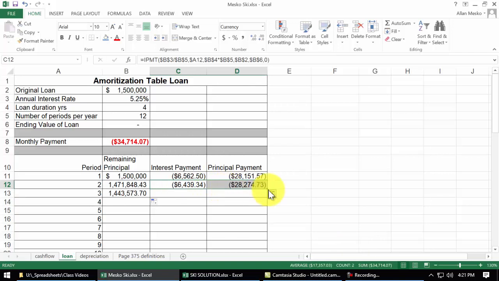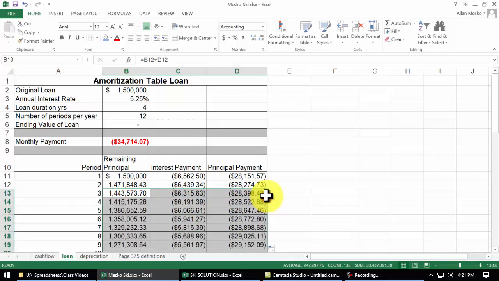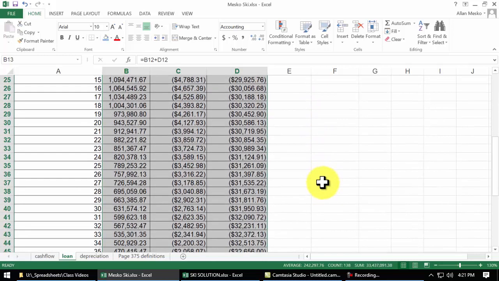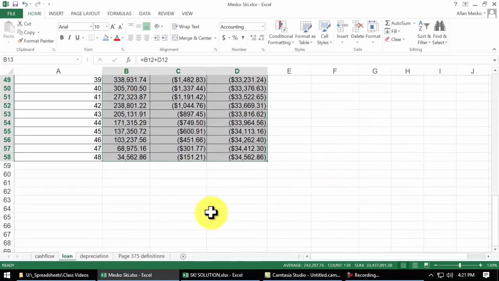So let's copy these down, get a full row that we can select, and now we double click and it completes our amortization table all the way down to payment 48, in which we're only paying $150 interest. Almost all our payment is going to principal, and that takes us down to 0. We don't owe any more money on this loan.